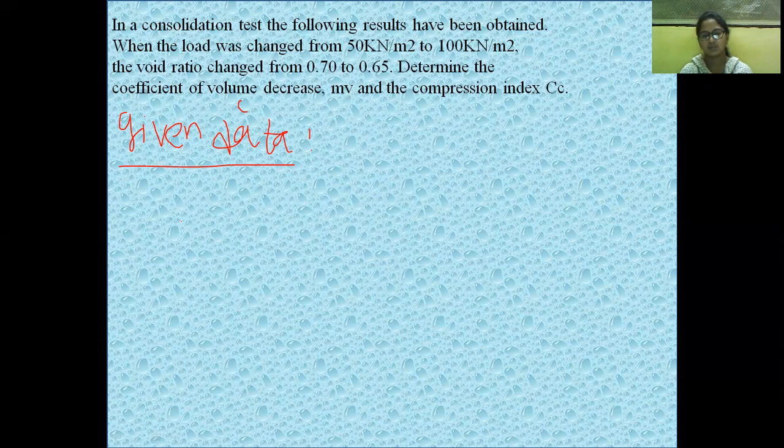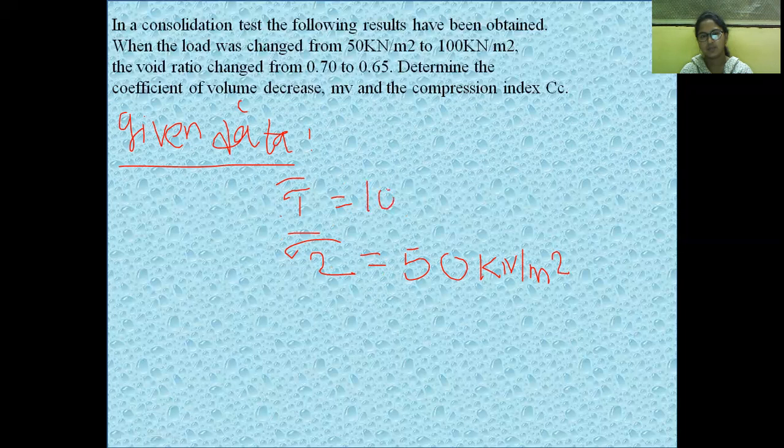Sigma 1 bar, the effective stress, will be changed from 50 to 100. So sigma 1 is equal to 50 kilonewton per meter square and sigma 2 is 100 kilonewton per meter square.